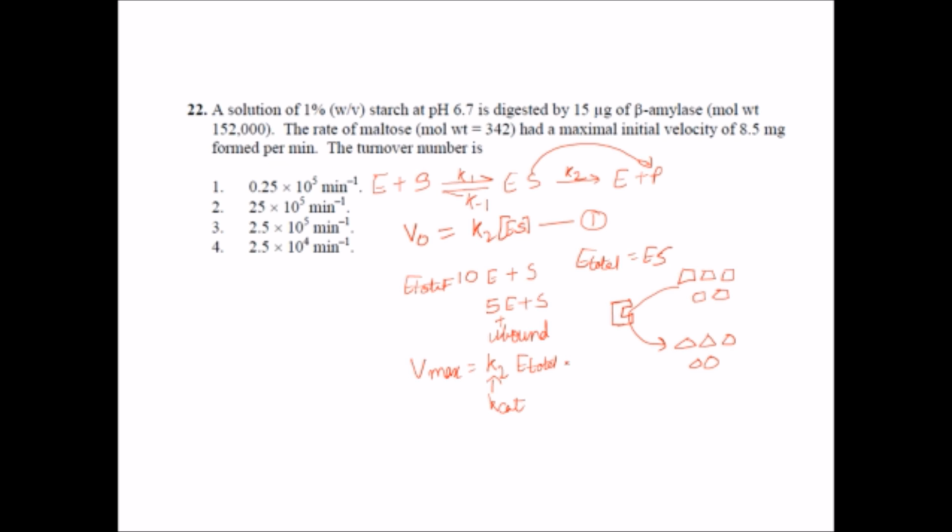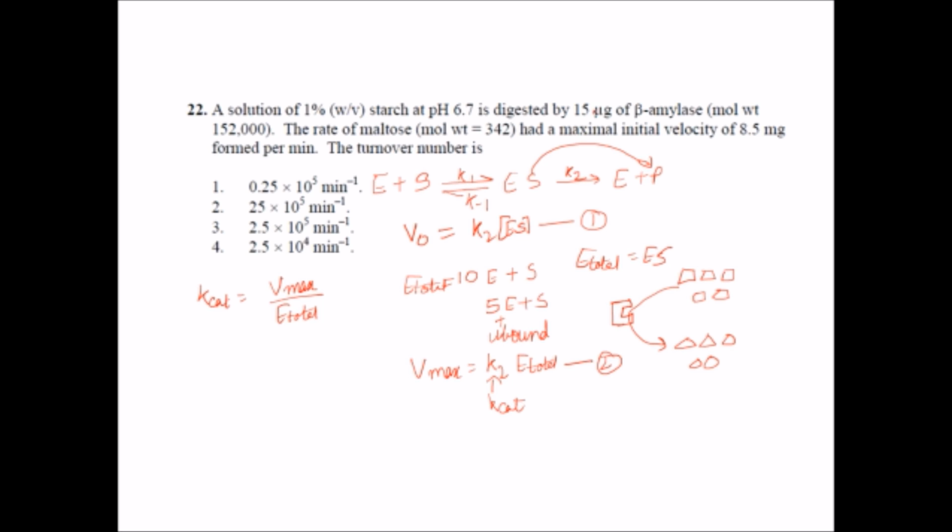Now, from equation 2, we can say that K2 or Kcat, which is the turnover number, is equal to Vmax by E total. What is the E total? E total is 15 microgram, but this is in microgram and we have the molecular weight, so it should be standardized to molar units.